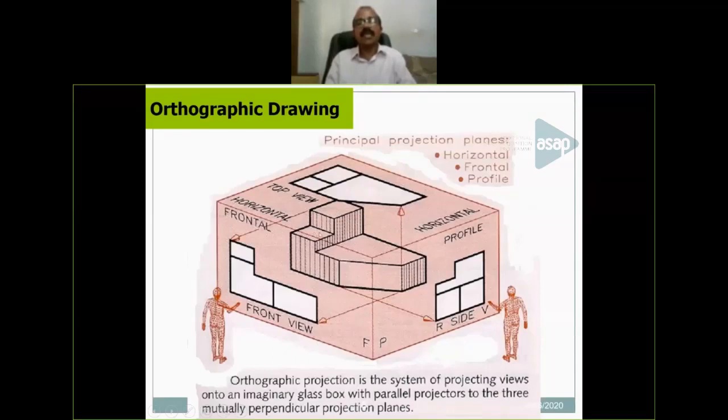Similarly, considering the right side view, the side view surfaces are visible: this surface is visible here, and this surface also.